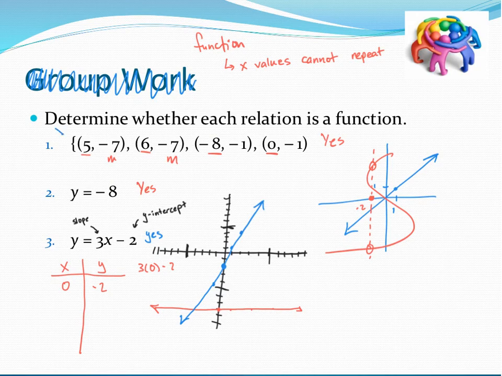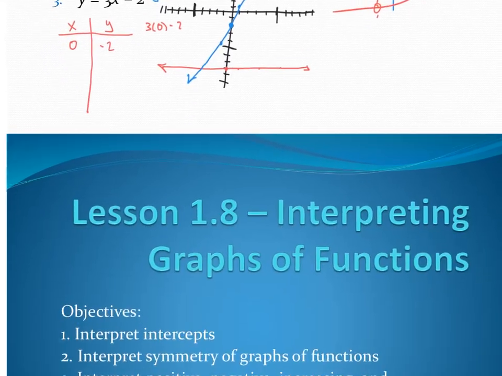One is looking at the x's. Do the x's repeat? Number 2, is there even an x? In which case, if there isn't an x, then it's going to be a function because the x's can't repeat. And then number 3 is graphing it for yourself or plotting the points. All valid ways.